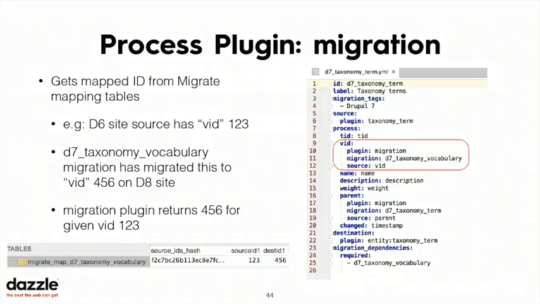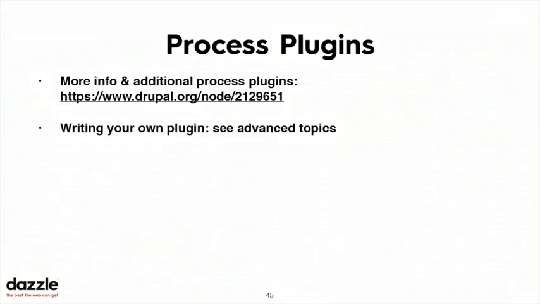This mapping table, or this migration plugin, will get the data from the mapping table. So to the left you can see a screenshot of how these mapping tables look like in Drupal 8. So those were a few examples of process plugins. You can check the handbook pages for more examples on that, or write your own if you would want to.